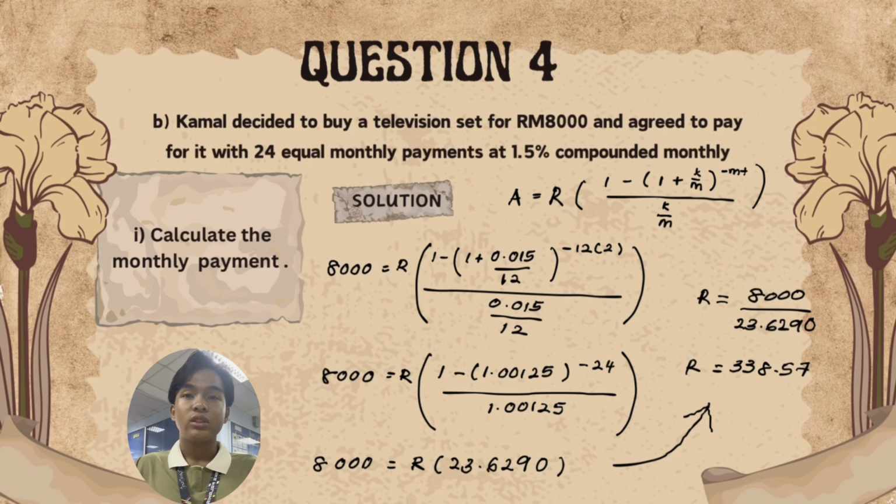In this question, A and i have been given, which is A is 8,000, i is 0.015 over 12, and n is 12 times 2 equal to 24. And you will get R equal to 8,000 over 23.6290. And the final answer for this question is 338.57.